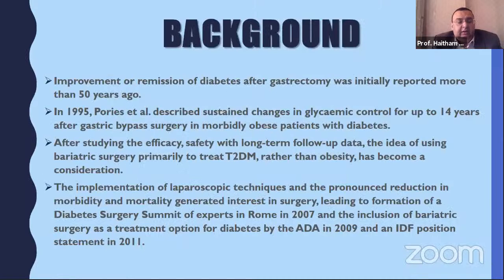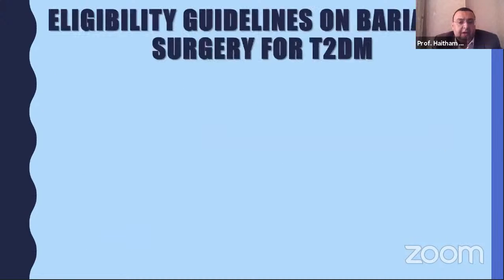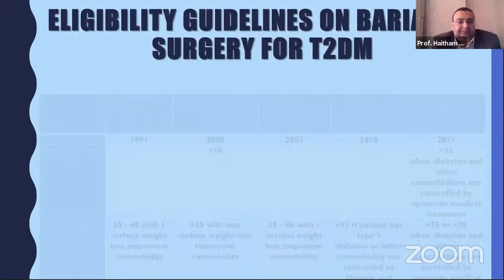The increasing evidence published since Dr. Walter Pories published his paper in 1995 has led to the implementation of bariatric surgery in the treatment of diabetes mellitus. This was endorsed by the American Diabetes Association and International Diabetes Federation in 2009.